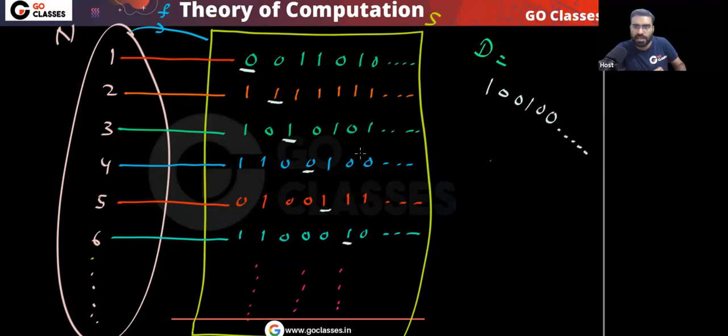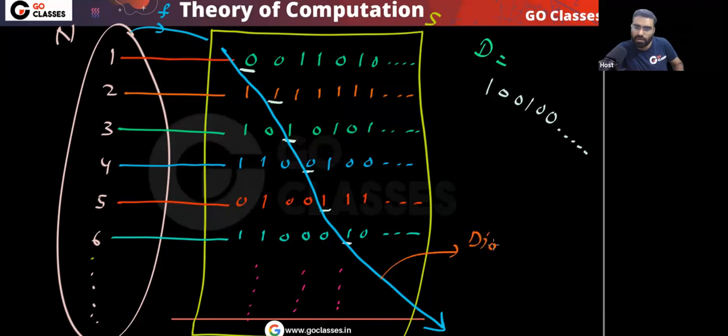Can you notice that? We are going diagonally, like this. This is the diagonal. So remember, this proof is called Cantor's diagonalization proof.